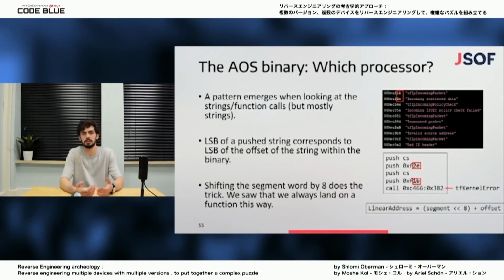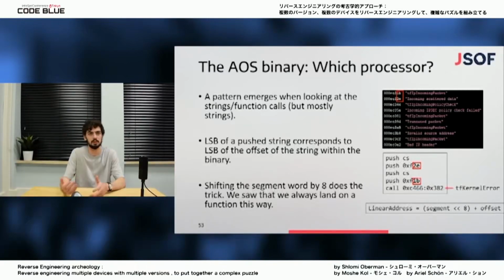This is not a coincidence, and as you can see, this pattern is just right for a shift by 8 bits instead of 4 bits. So we manually tried to shift some far calls by 8 bits instead of 4 bits, and some pushes of strings, and we saw everything checks out, and far calls actually resolve to function prologues. So this was the solution.